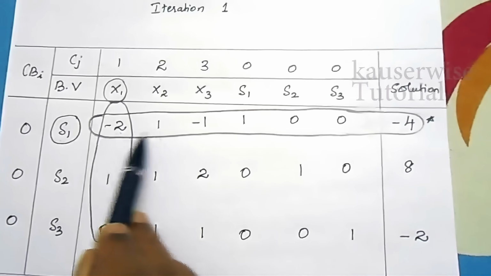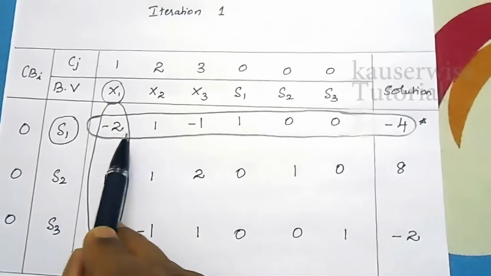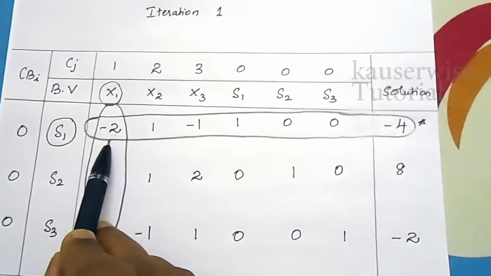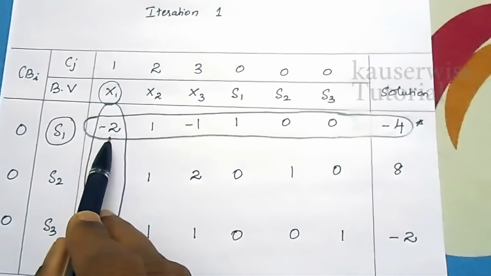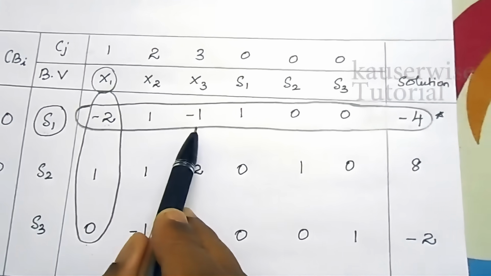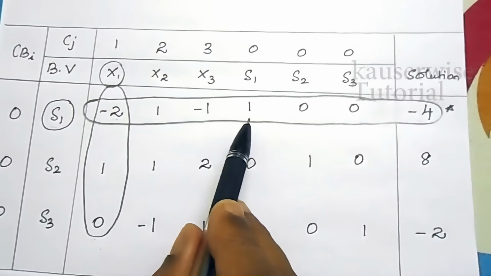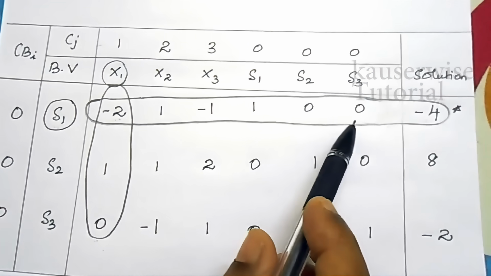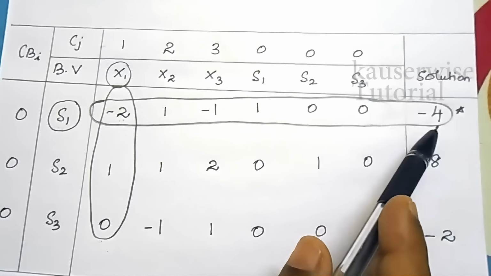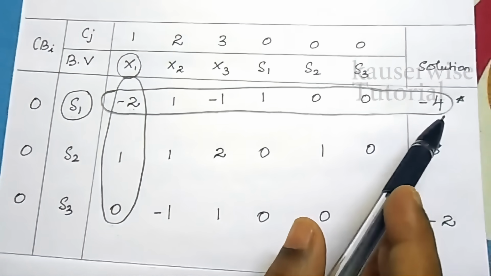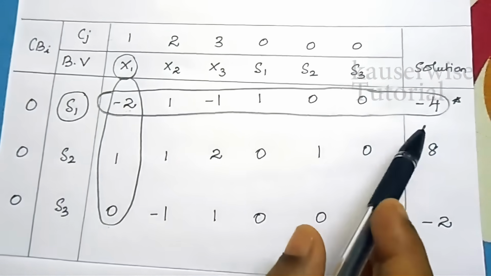To find the new value for the entering variable, just take each and every element and divide with the key element. That is minus 2 divided by minus 2, 1 divided by minus 2, minus 1 divided by minus 2, 1 divided by minus 2, 0 divided by minus 2, 0 divided by minus 2 and minus 4 divided by minus 2. In order to find out the new value, we follow this procedure.